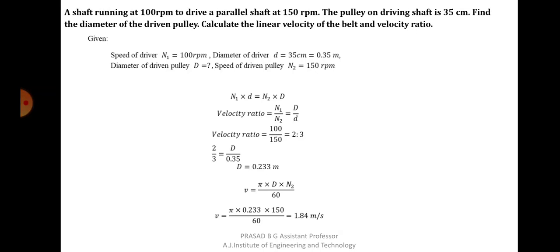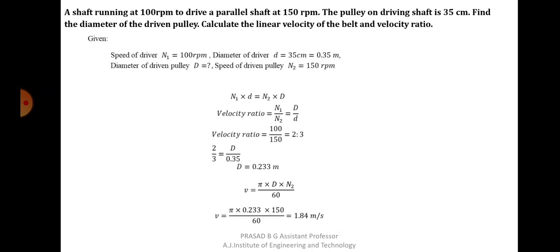A shaft is running at 100 rpm to drive a parallel shaft at 150 rpm. The pulley on the driving shaft is 35 centimeter in diameter. Find the diameter of the driven pulley. Calculate the linear velocity of the belt and velocity ratio.